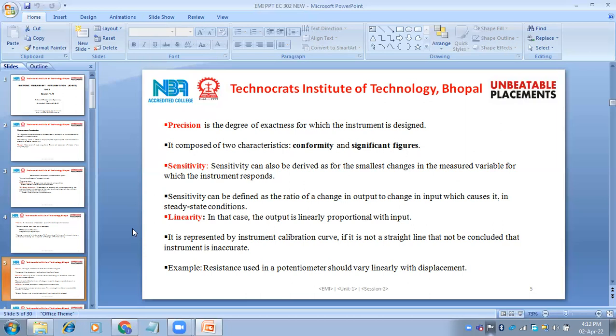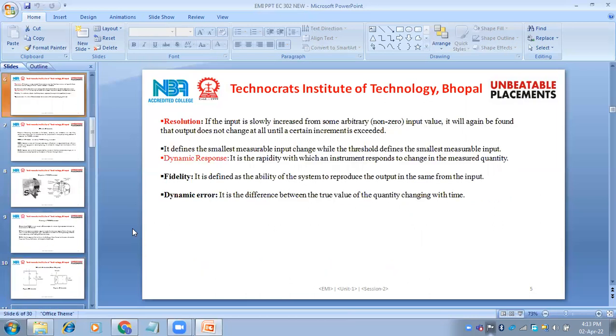So after taking a measurement through the instrument, if we get an output proportional to the input, that is called linear behavior of the instrument. Such a characteristic is called the linearity of the instrument. Some examples: resistance used in a potentiometer should vary.